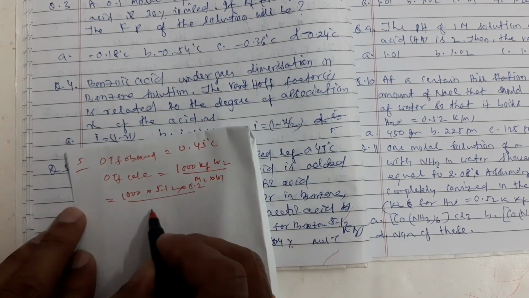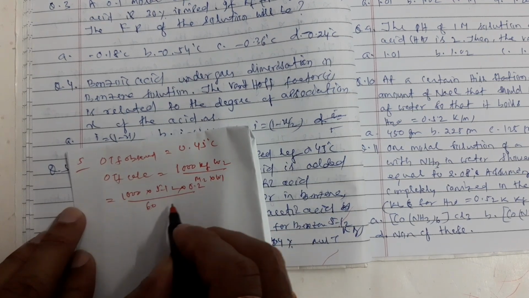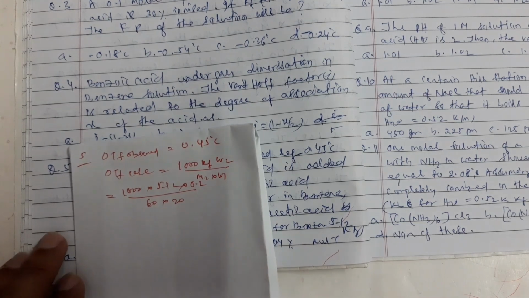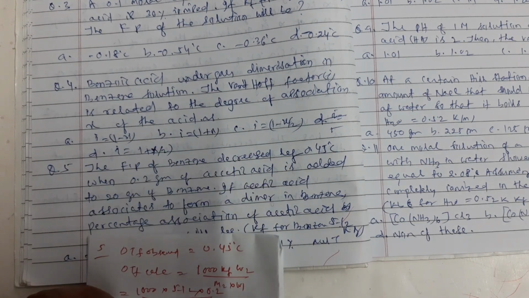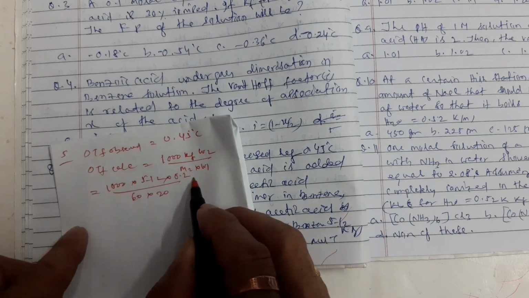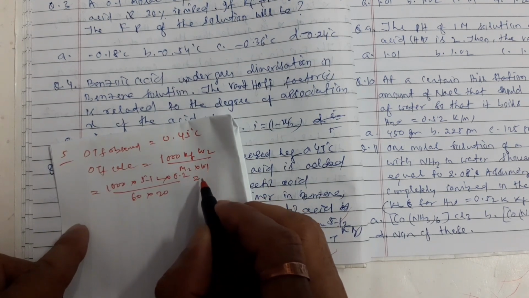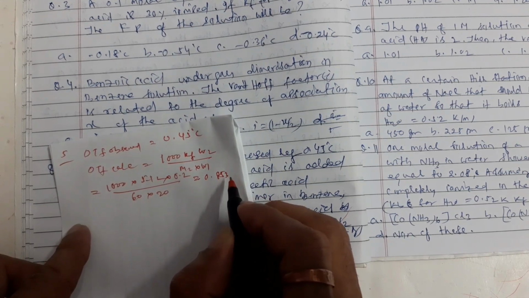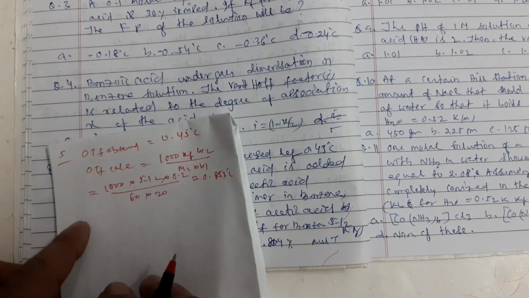0.2 gram, and M2 60 acetic acid molecular formula, and 20 gram of benzene is taken. So by solving you will get 0.853 degree centigrade.